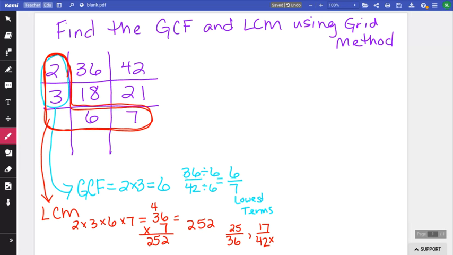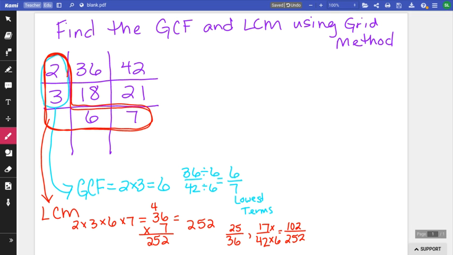So times 6, and times 6, and that would equal 252. 6 times 17, 60 plus 42, I think 102. So again, not a fraction we would use all the time, but that would be the reason why we would need that least common multiple.